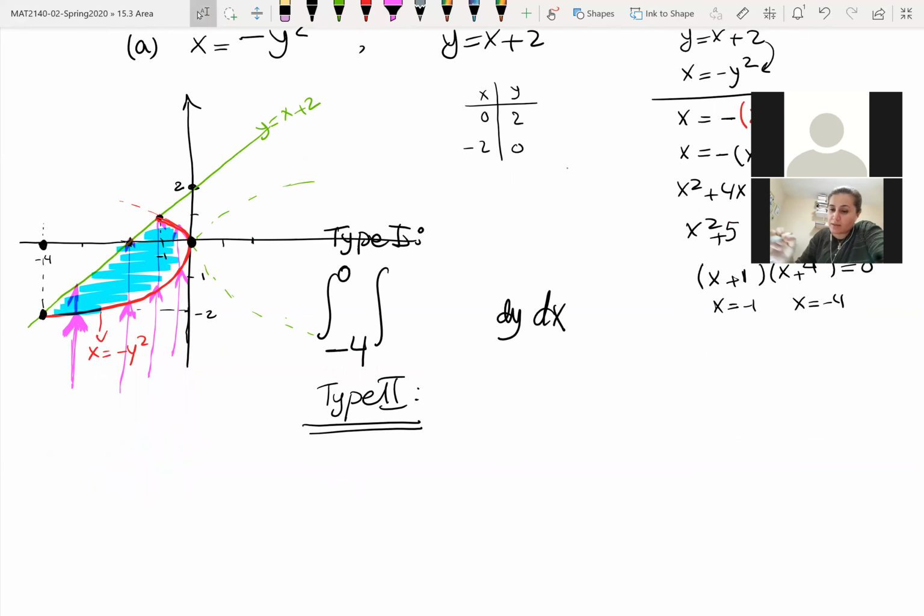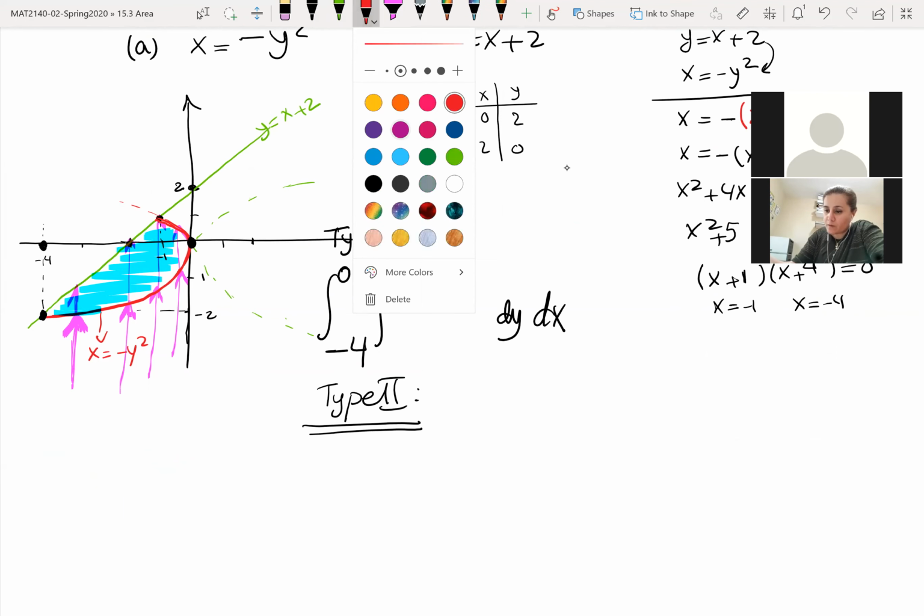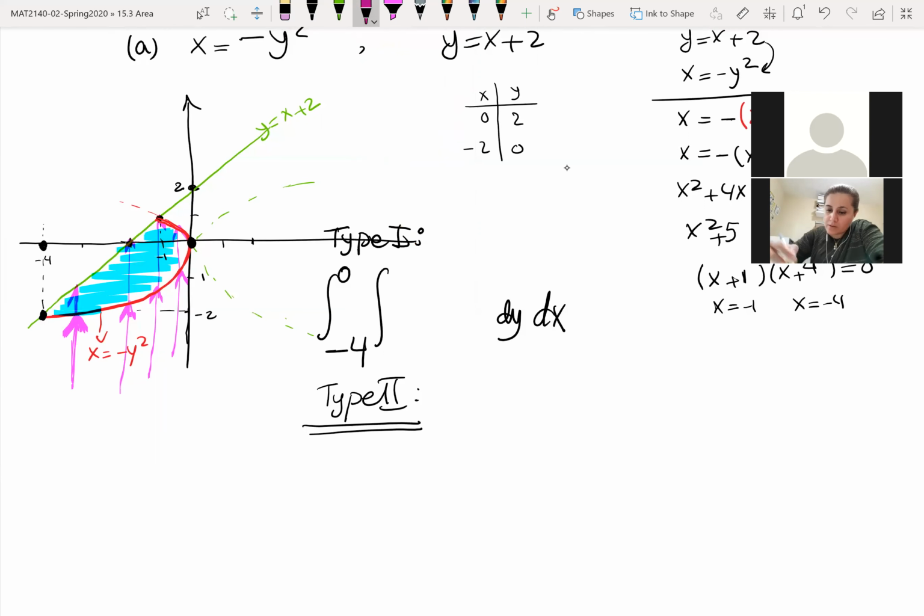If you write it in type 1, starting from this line, your region is different.